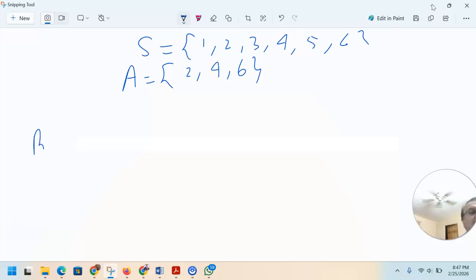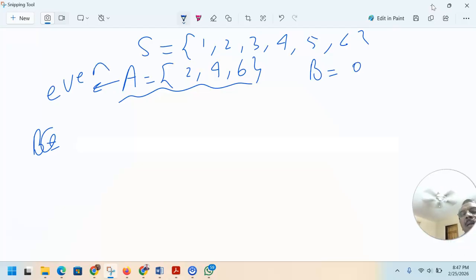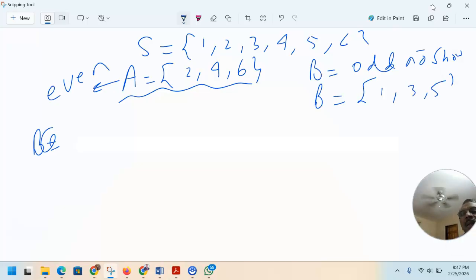And B was the event separate. Don't worry about it. Now I want to work on only this one, and B is an event. This one, even number shows up. This one, odd number shows up. So the numbers are 1, 3, and 5. Do you see anything common here?